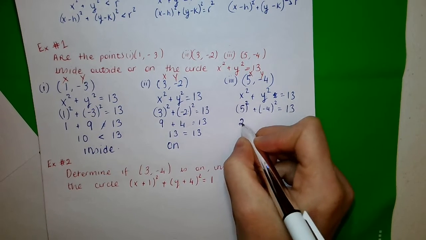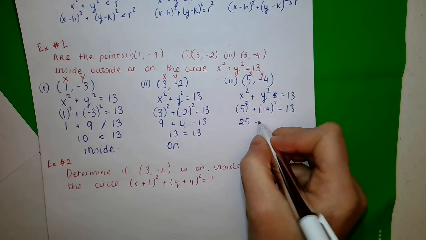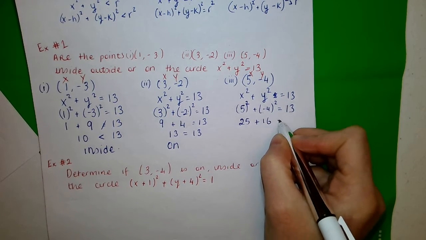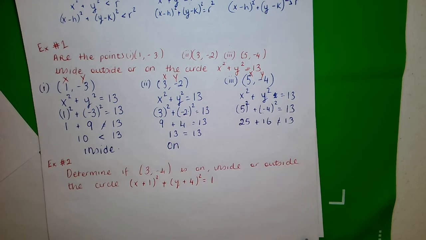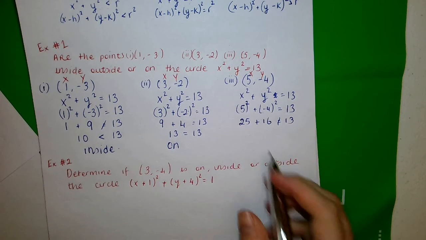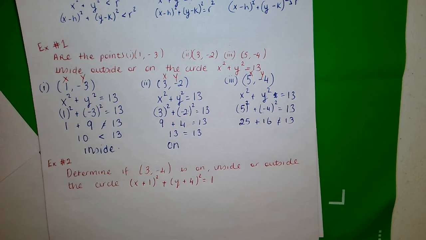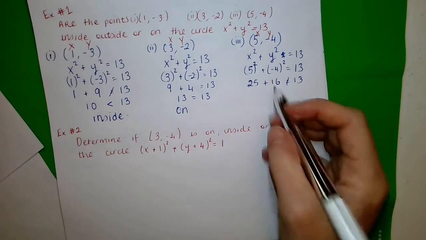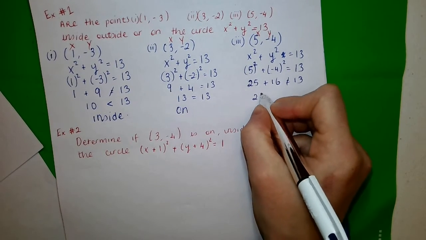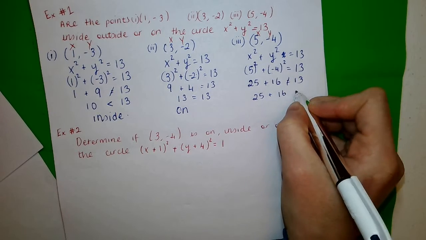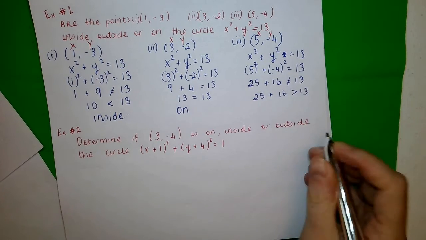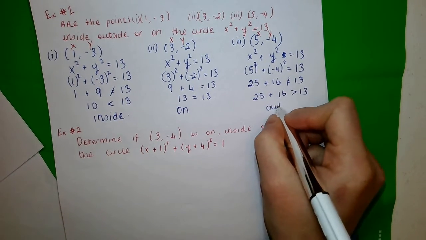So 5 squared is 25, -4 squared is 16. It's definitely not equal to 13, so we can say that much. It is greater, so 25 plus 16 is actually greater than 13, and because it's greater than, we can say that it's outside.